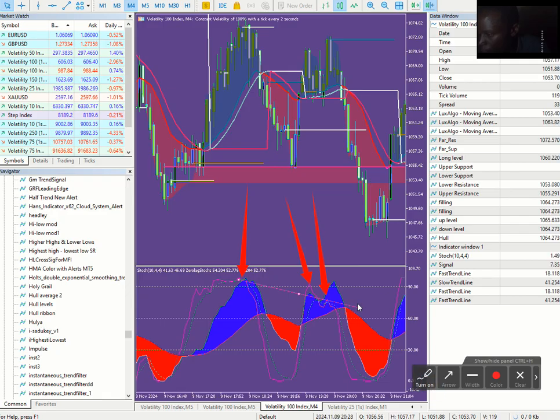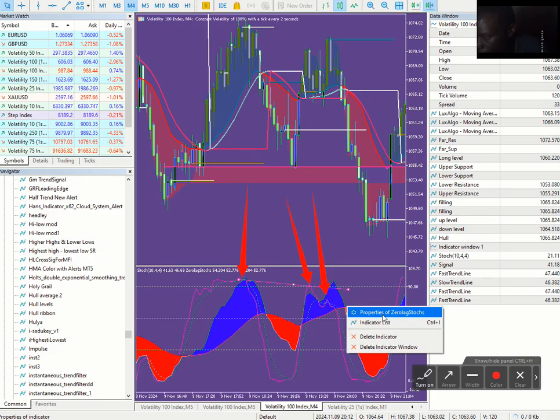Now when you look at those points, there is something called divergence. Now how can we call this one a divergence? This point here. Now let me get rid of this double stochastic.